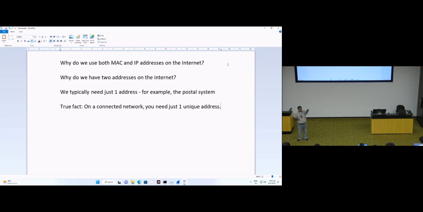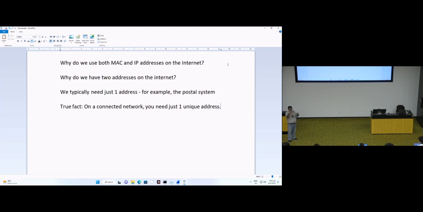Max, you had your hand raised. Maybe we can modify this statement to say at any given time on a connected network, you need one unique address.